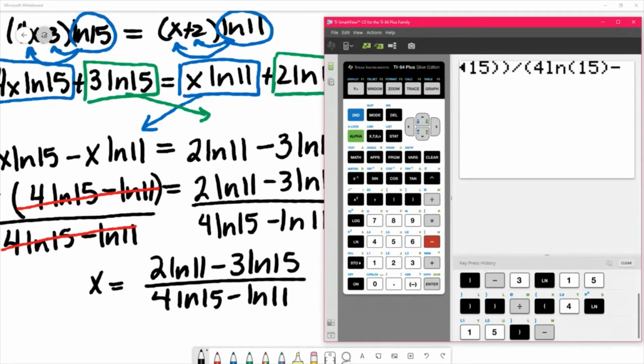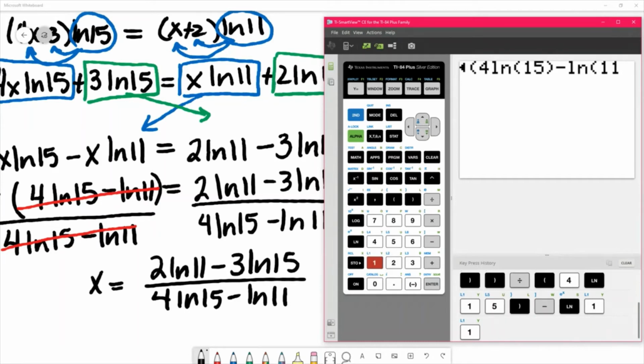I'm going to close parentheses for the log and close parentheses for the whole denominator. And I just want to be sure that I close parentheses for the first log that I typed. Okay, looks like I closed that parenthesis.